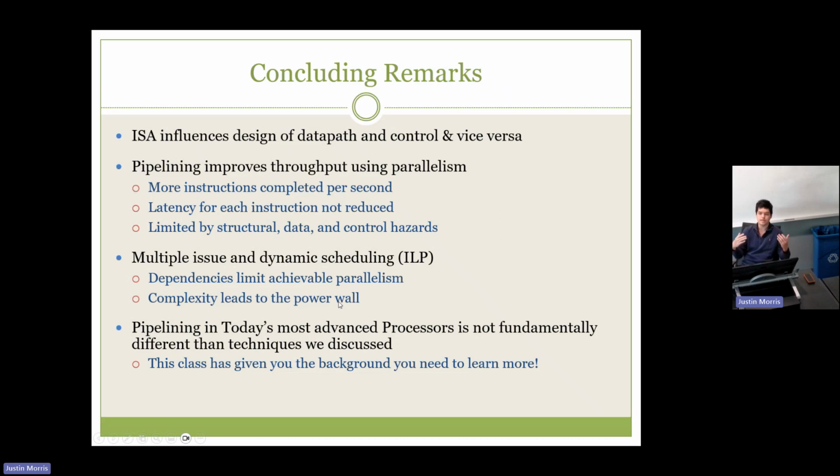Because in order to handle all of these exceptions, all of these dependencies, I have to have a lot of control logic. And in order to have, say, 20, 30 stages, I'm going to have a lot of registers. If I want 8-way issue, I've just multiplied my data path by 8 times. So that's what leads to this power wall. And our goal is to be right at that wall, if you want highest performance.